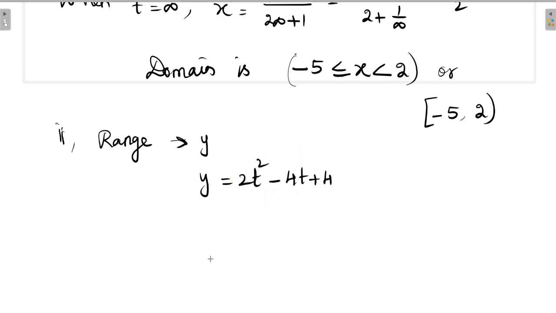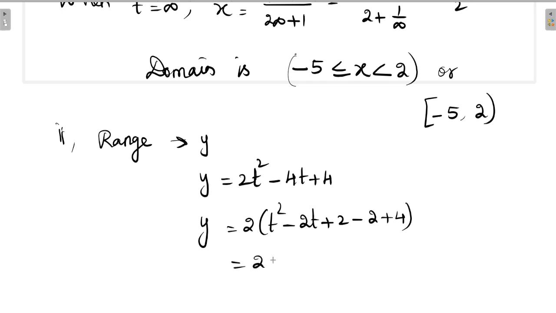So let us write it in the completing square form, which makes it easy to find the minimum value or maximum value of y. To convert to completing square, 2 times t squared minus 2t plus 2 minus 2 plus 4.